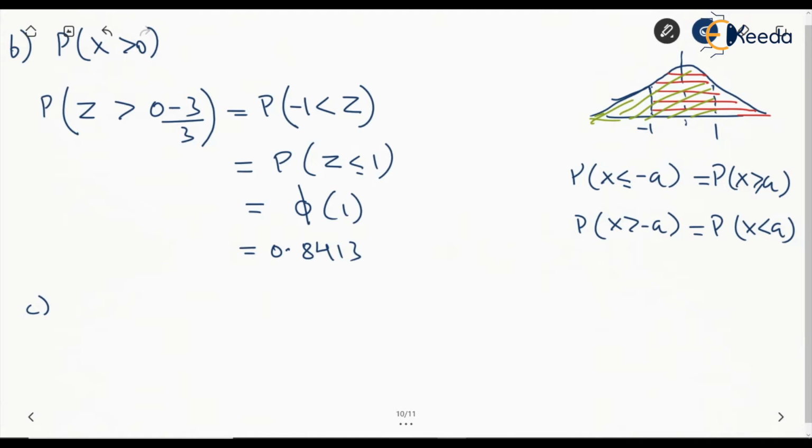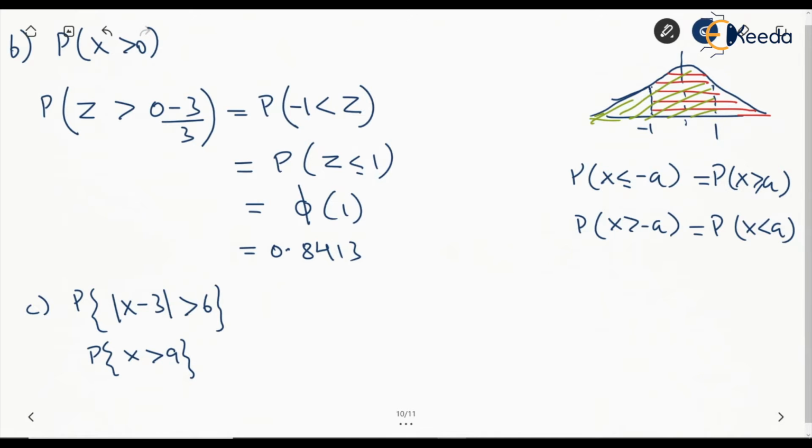Next is probability that mod of x minus 3 is greater than 6. So we'll have two cases here. If you take the positive part, x minus 3 is greater than 6, then this will become x greater than 6 plus 3, which is 9.